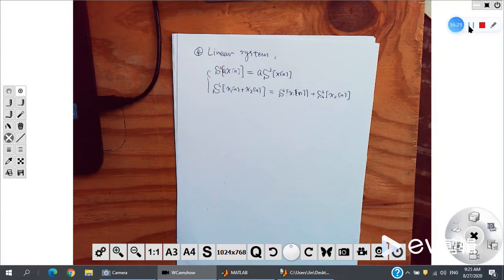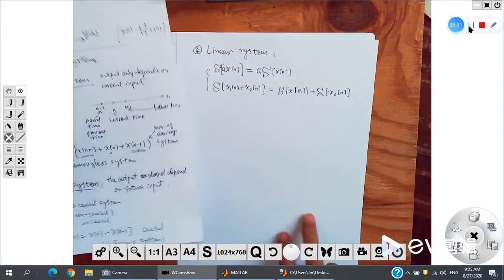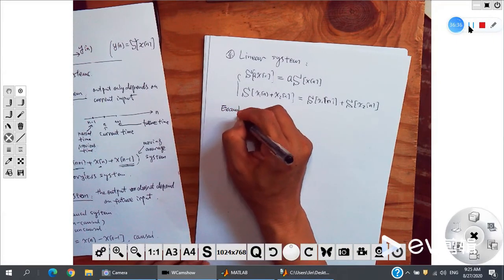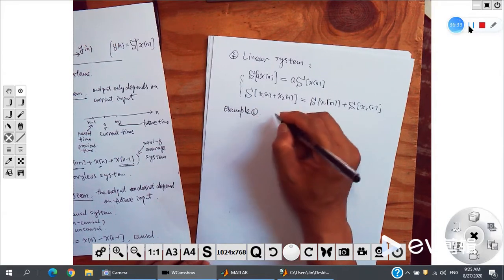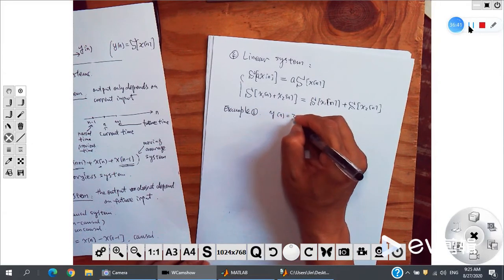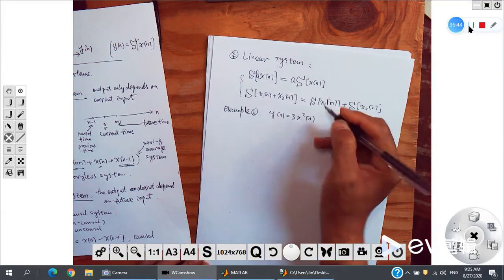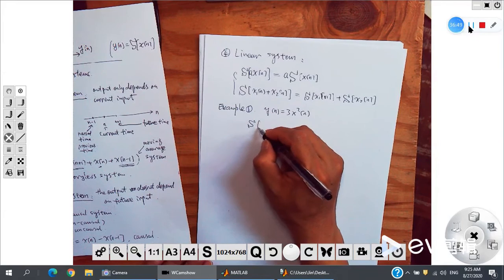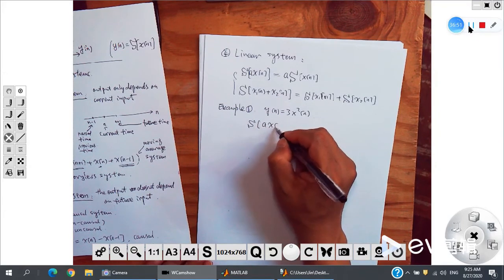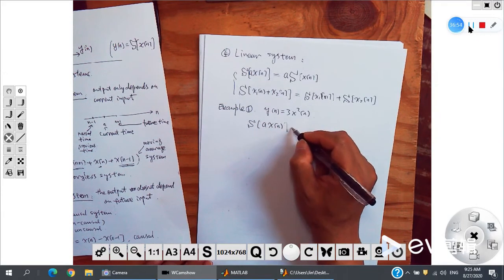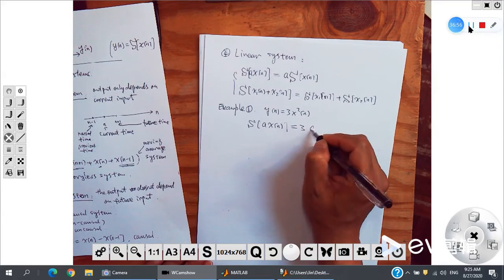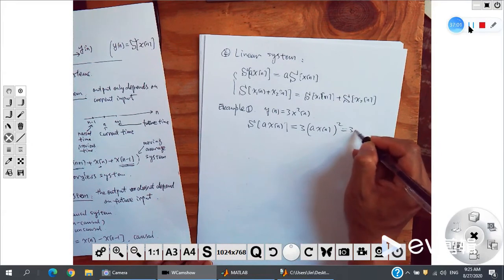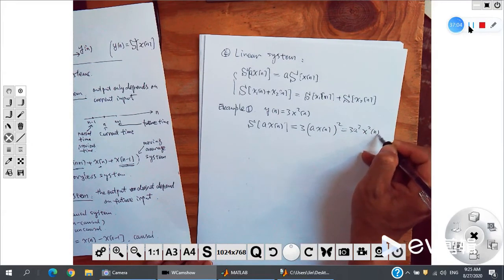Alright, we can go back to see our examples. Example 1. That is y of n equal to 3x squared of n. Okay, then we can see a times x of n as input will give us 3 times (a x of n) squared, that is 3a squared x squared of n, right?